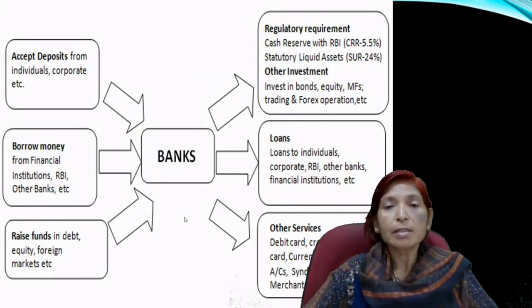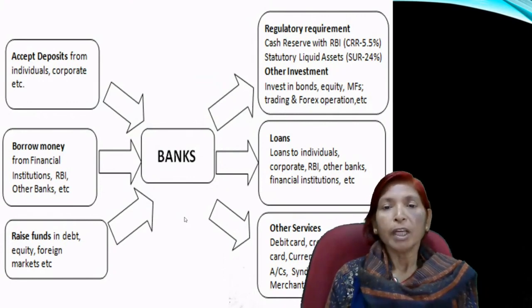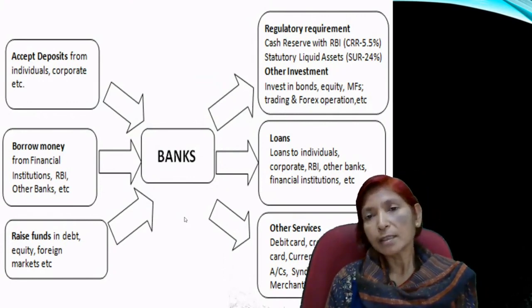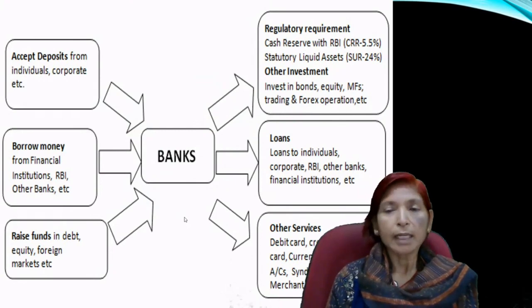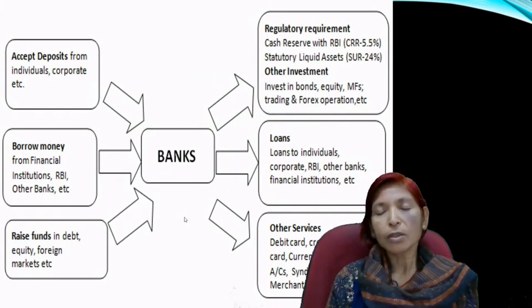Banks also perform a regulatory function, in which the cash reserve ratio is fixed by the Reserve Bank of India, lying between 5 to 6%, and the statutory liquidity ratio, known as SLR, is near about 24%.